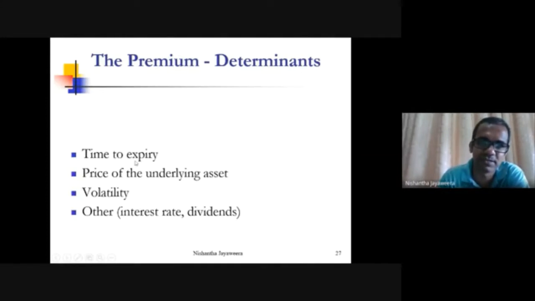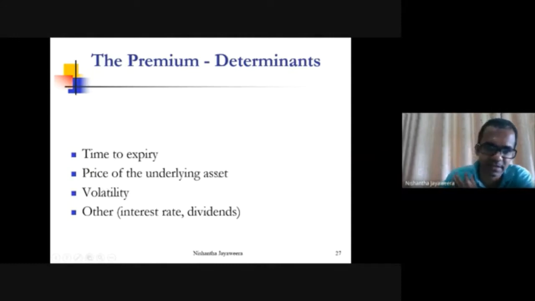We are about to discuss premium determinants: time to expiry, price of the underlying asset, volatility, interest rate, dividends, and how these factors will affect the premium.